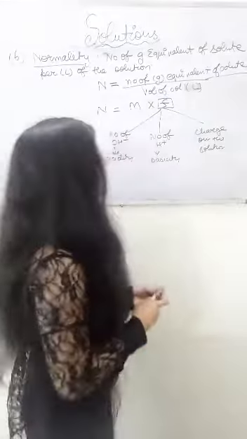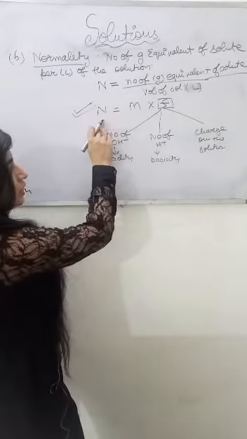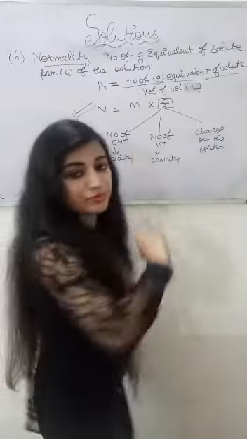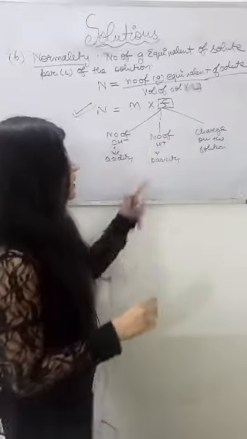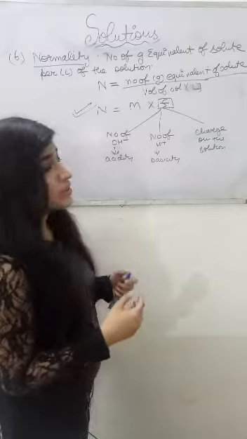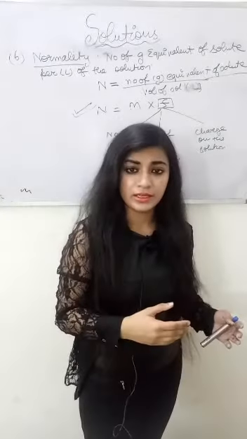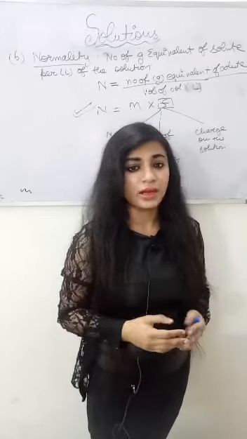And another formula that is a kind of shortcut, a short trick: normality is equal to molarity into F factor. F factor, I said. How will you identify the F factor if molarity is given and normality they are asking? We are going to discuss that in the numericals.